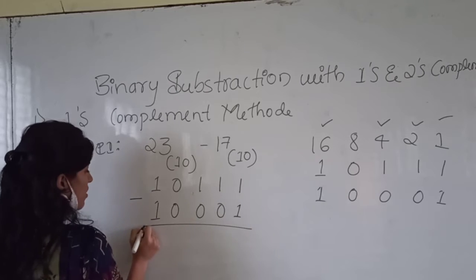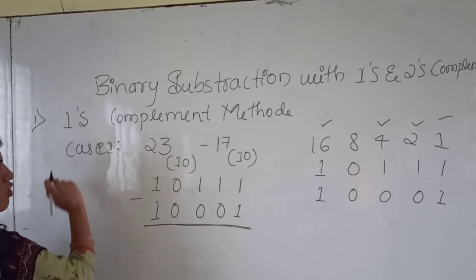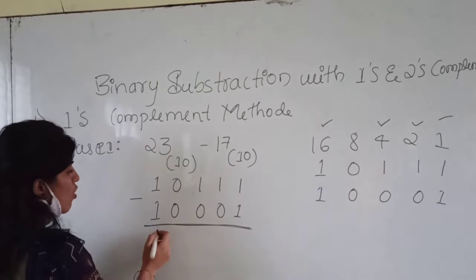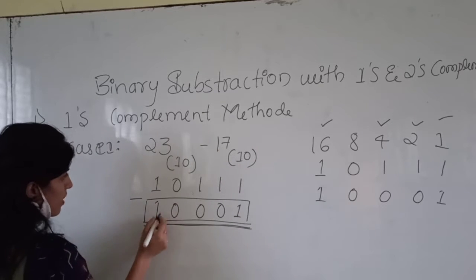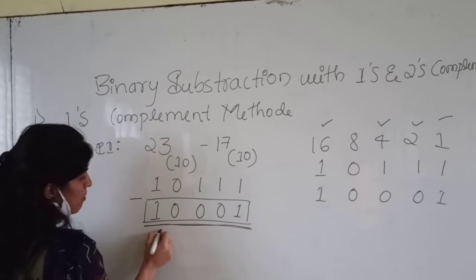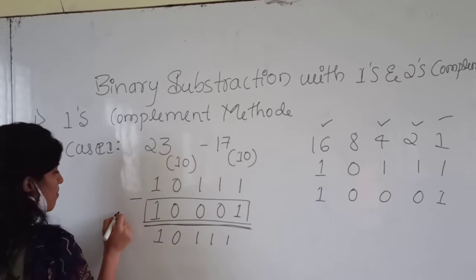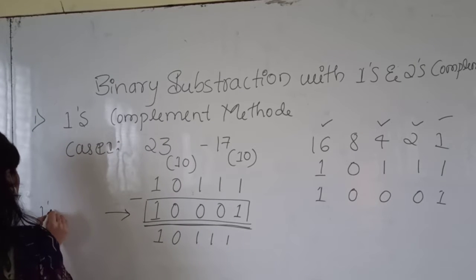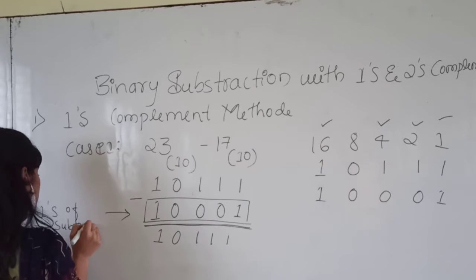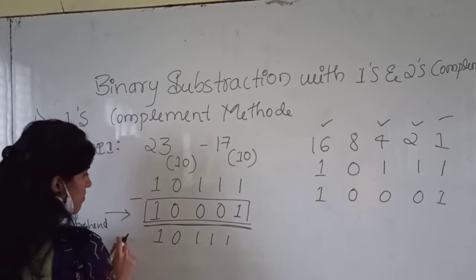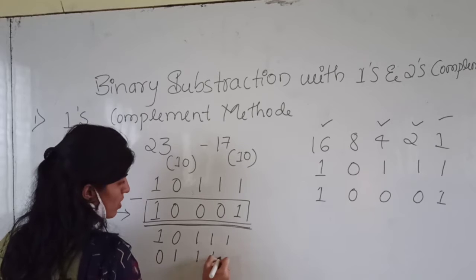This is our main problem. For subtracting with ones complement, you first take the ones complement of the subtrahend. You write the minuend the same, 1 1 0 0 0, and take the ones complement of this subtrahend. This becomes 0 1 1 1 0.